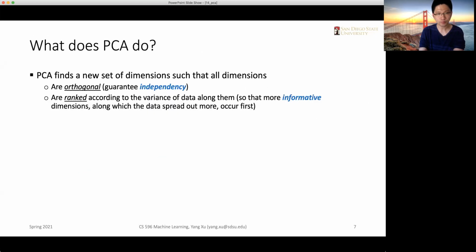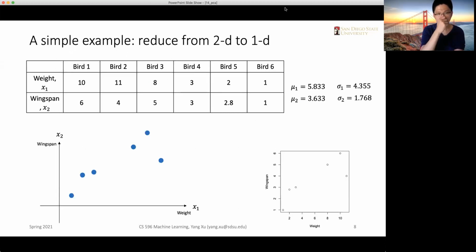All right. So now let's step into the details of how PCA can be conducted on a simple data set. Let's simply start from a 2D space, so that it's easier for illustration.